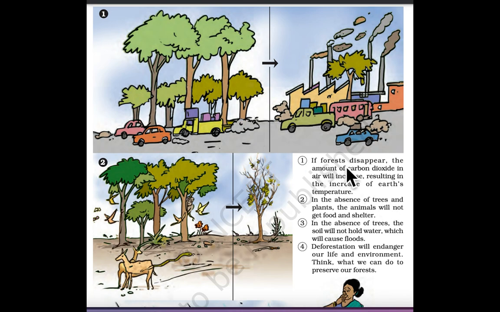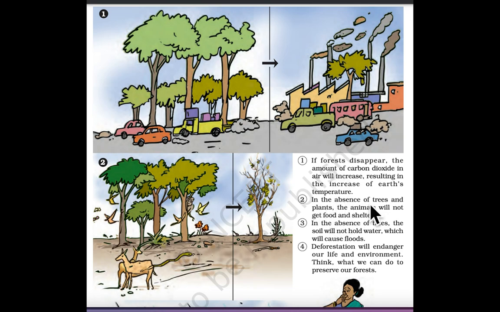If forest disappears, the amount of carbon dioxide in air will increase, resulting in the increase of earth temperature. The plants which absorb the carbon dioxide, if plants and trees are not there, then the level of carbon dioxide in the atmosphere will increase, hence the temperature will increase, pollution will increase.